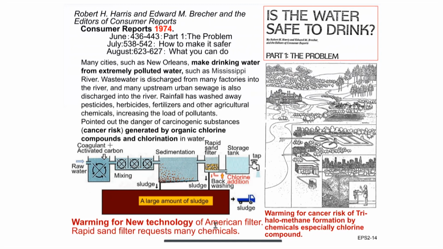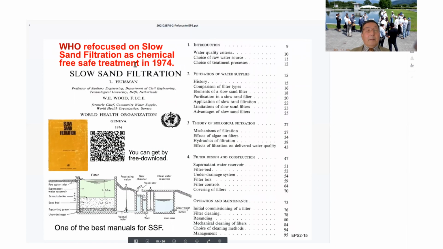The new American technology, the rapid filter, requires many chemicals. This is a warning about the cancer risk of trihalomethane formation by chlorine compounds. And WHO also refocused on slow sand filtration as a chemical-free safe treatment in 1974.